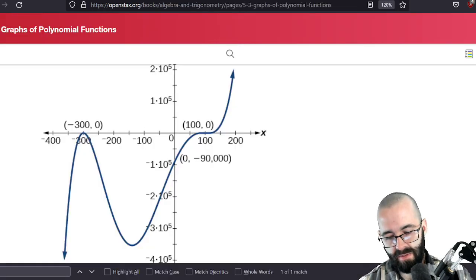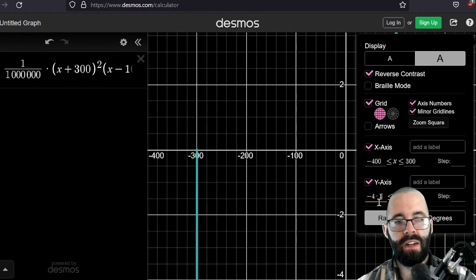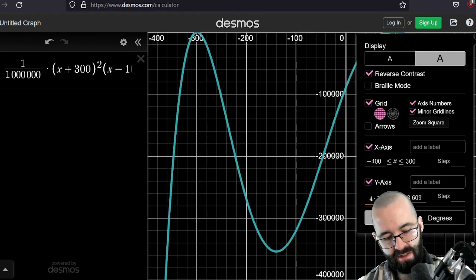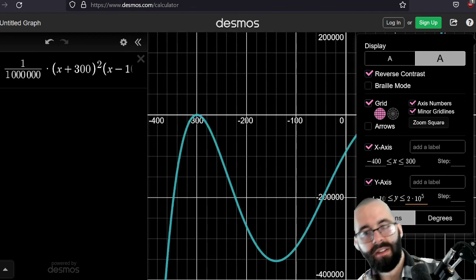And y is going from -4 times 10 to the 5th to 2 times 10 to the 5th.